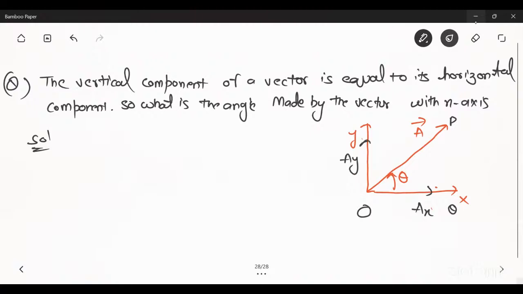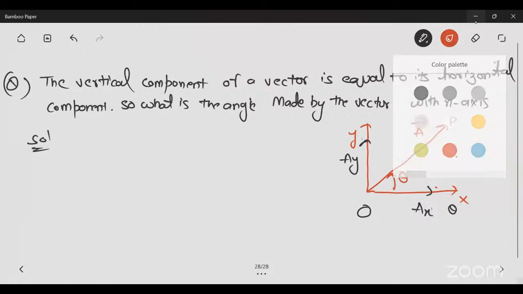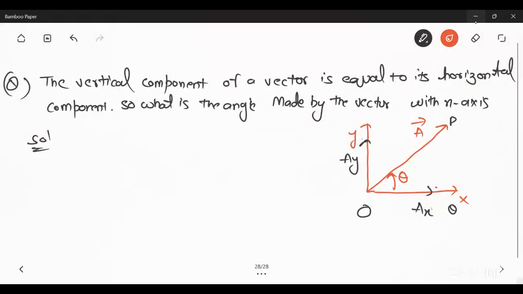So what is given in the question? The question is saying that the vertical component of a vector is equal to its horizontal component.